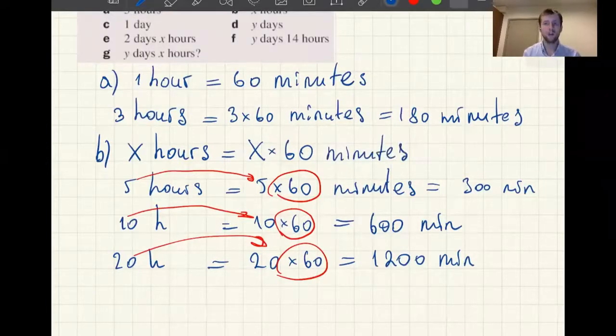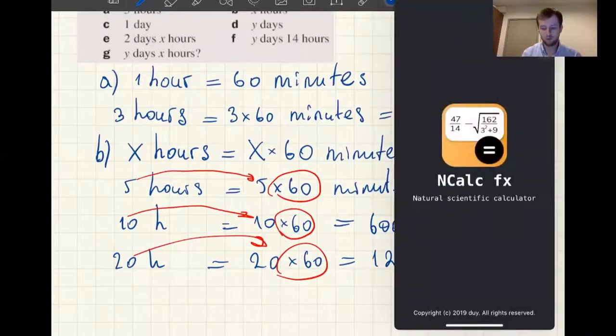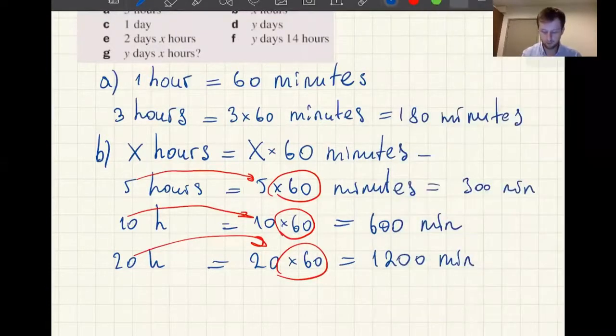Or to write it properly, we have to write numbers in the front of letters. So 60 goes in the front of X. We write 60 times X, and then we can write 60X, because again, we are saving space.